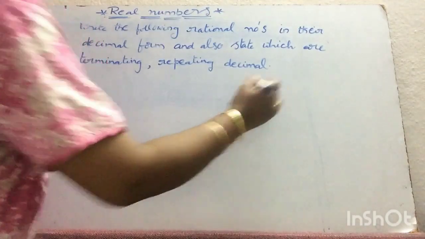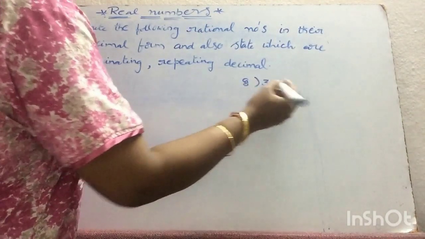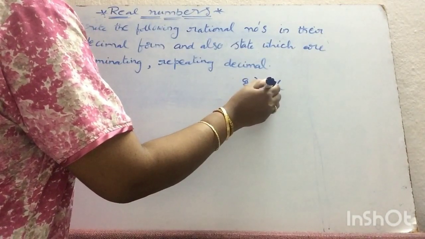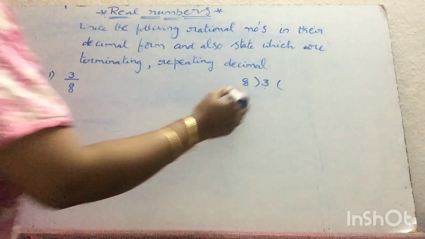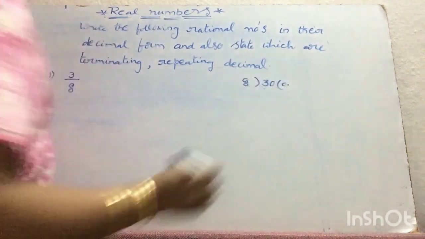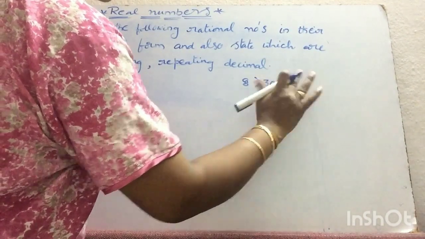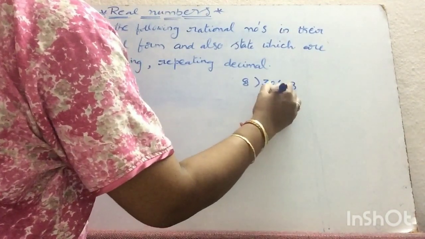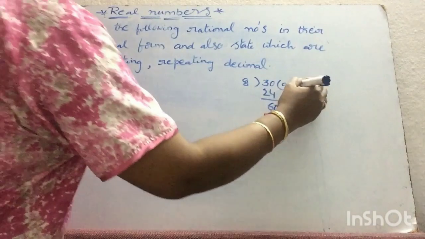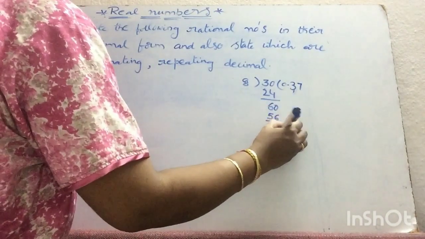Now 3 by 8 means 3 divided by 8. If we divide 3 by 8, 3 is less than 8, so here we put a point and here we put 0. Then 8 3s are 24, remainder 6, and again we put 0. 8 7s are 56, remaining 4, and again we put 0.